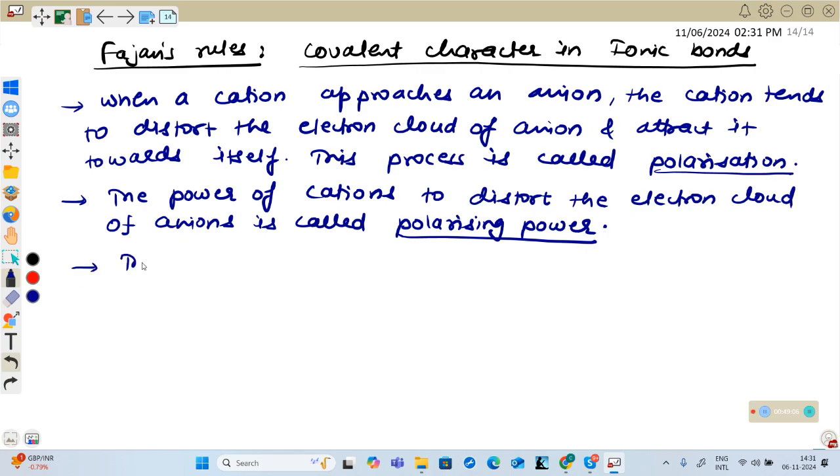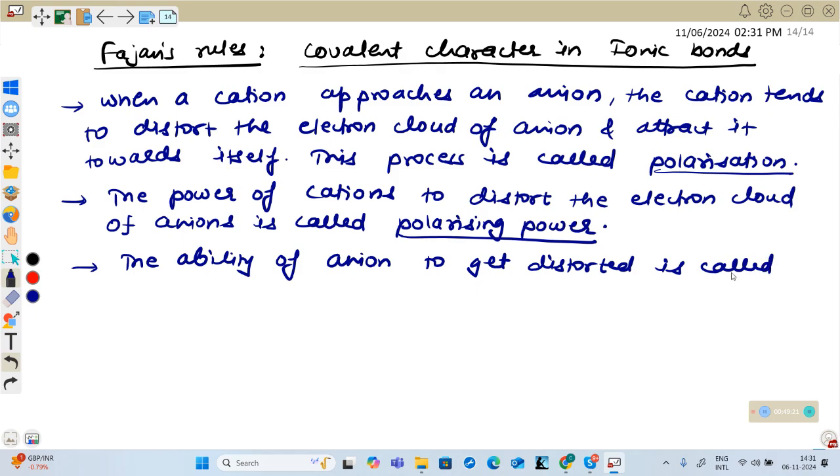And the ability of an ion to get distorted is called polarizability.